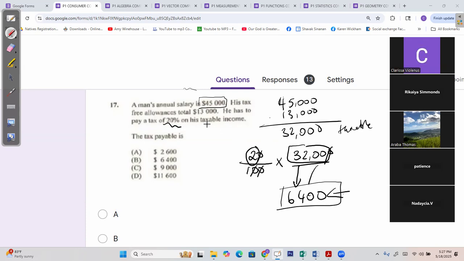Are we going to subtract it from the 13 or the 32 or the 45? I need everybody to answer that. So what are we going to subtract this $6,400 from? If this is his tax, and this is a serious question, if they ask how much money he is left with, which number are you going to be subtracting from?